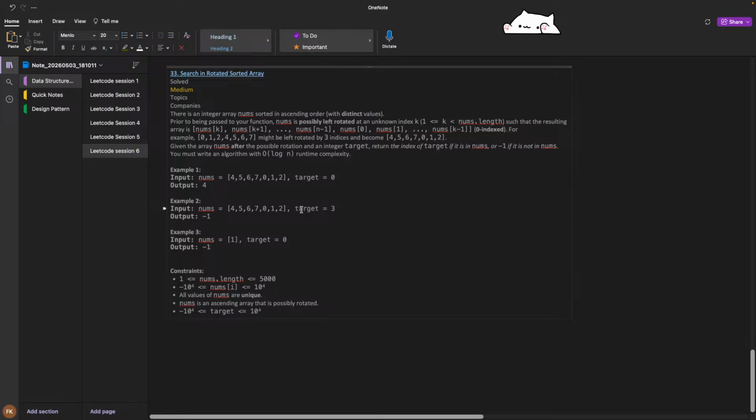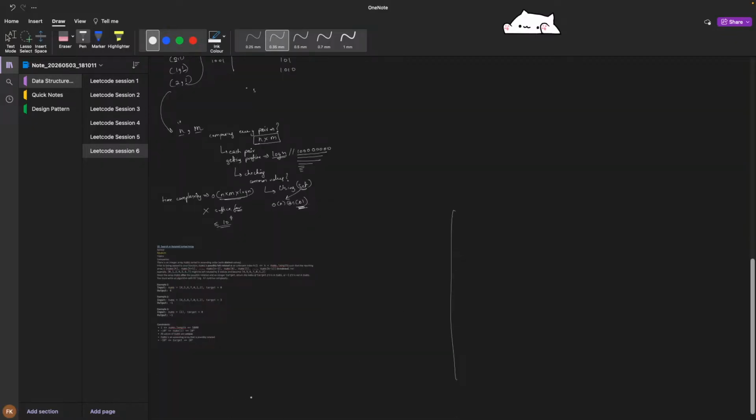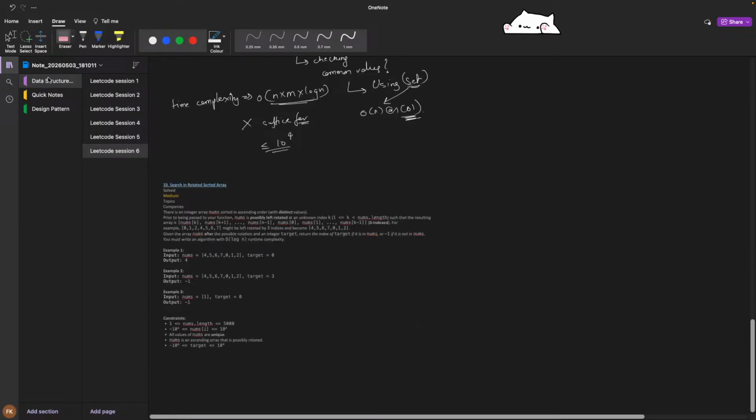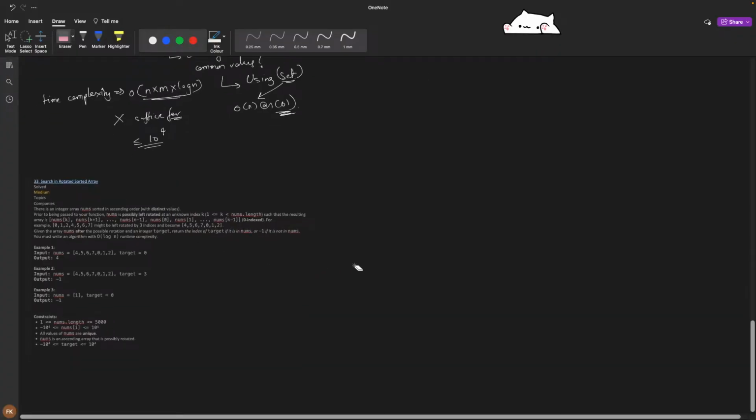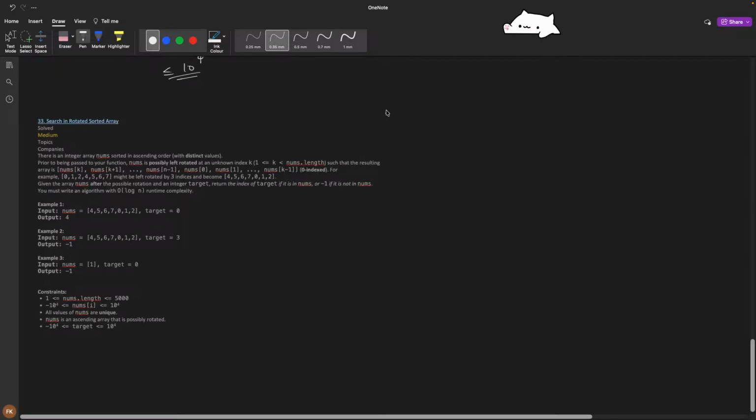If I take this example, nums is equal to 4, 5, 6, 7, 0, 1, 2, and the target is 0.